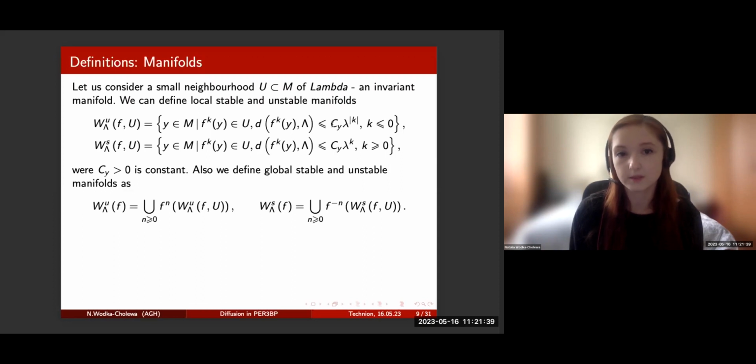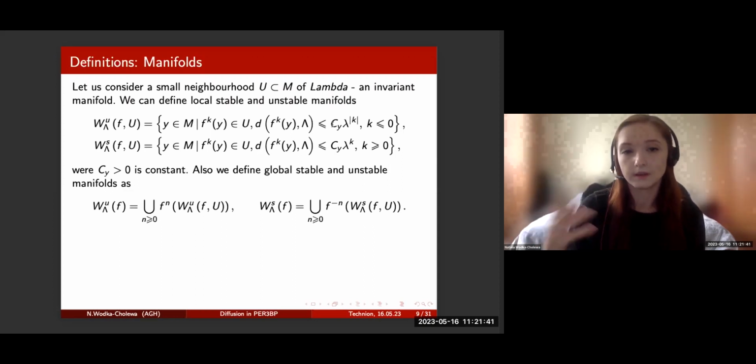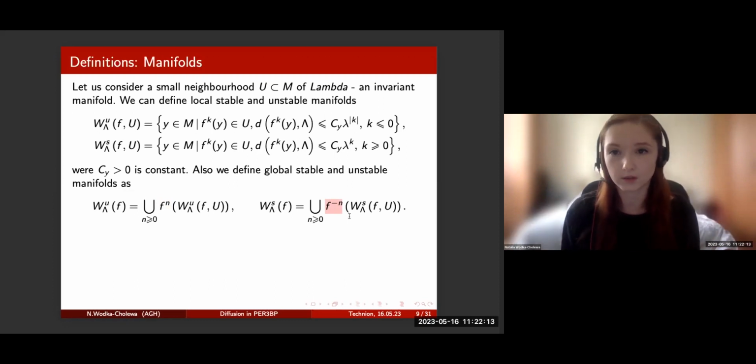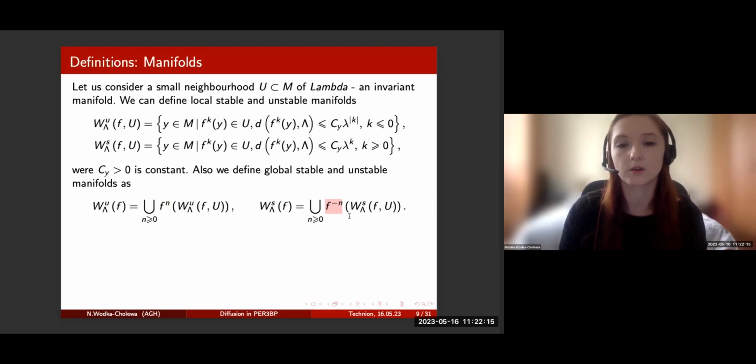For unstable it's all images forward, and for the stable, backward, because if you have an unstable manifold, you have to produce all the points that are going to be later, because backward in time they are in our local manifold. And for the stable one, you have to go backward in time to have all the points that will later be in our neighborhood. So that's why it's a union of preimages and all images.